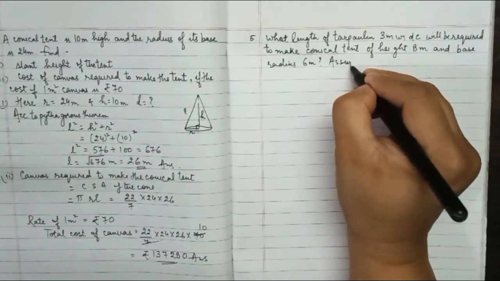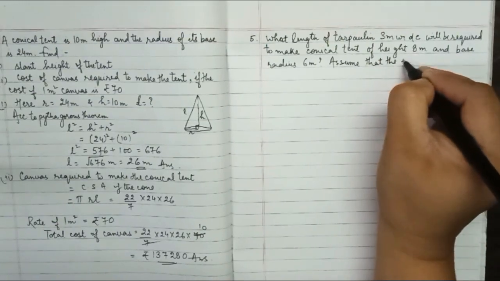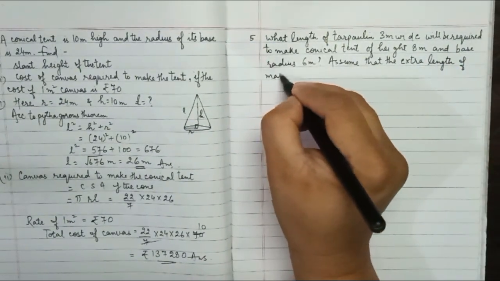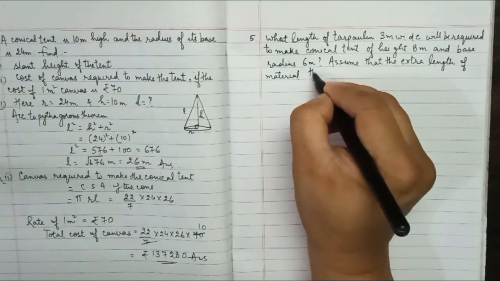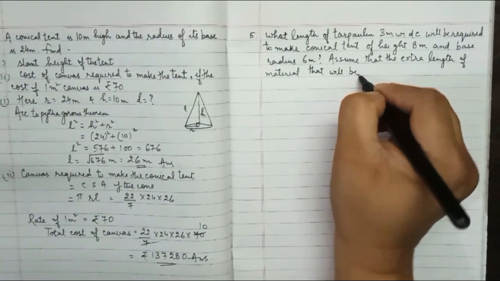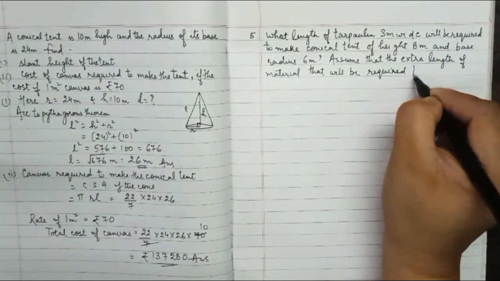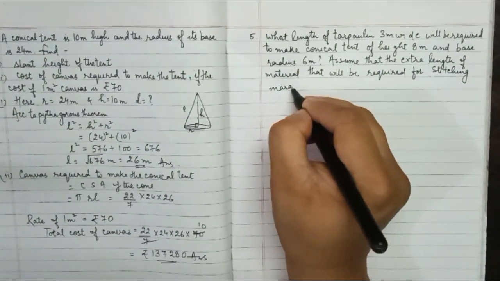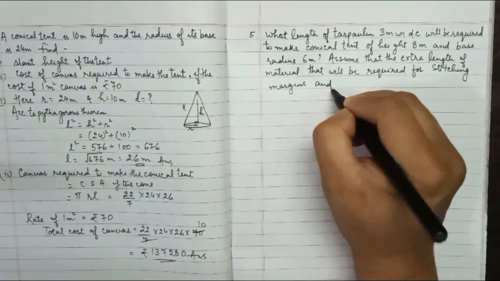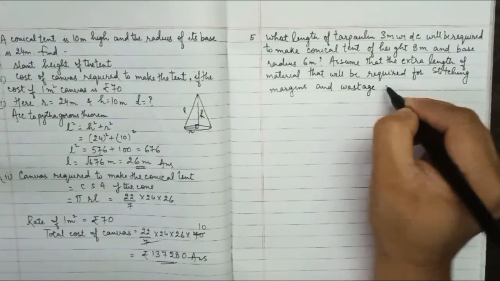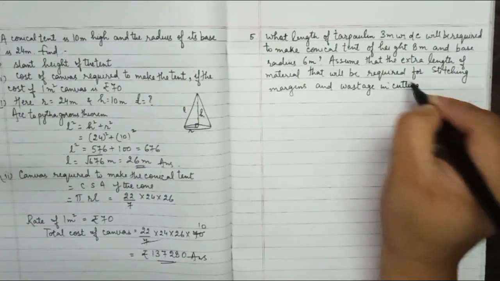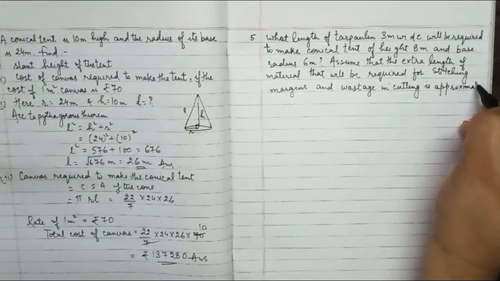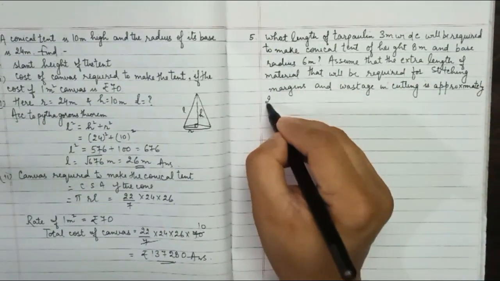Assume that the extra length of material that will be required for stitching margins and wastage in cutting is approximately 20 centimeter.